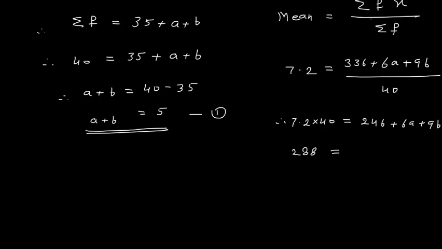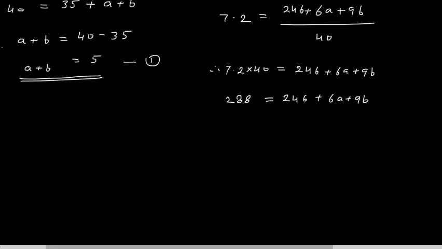Now you should know how I got the idea that this is not correct, because if this total is less than this, then I will get either a or b negative, which is not possible. Therefore I understood that some mistake I had done in calculation. So this is 246 plus 6a plus 9b.